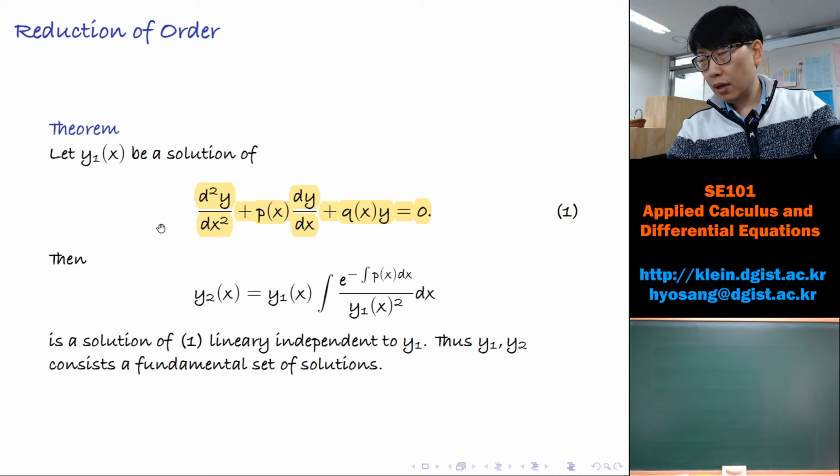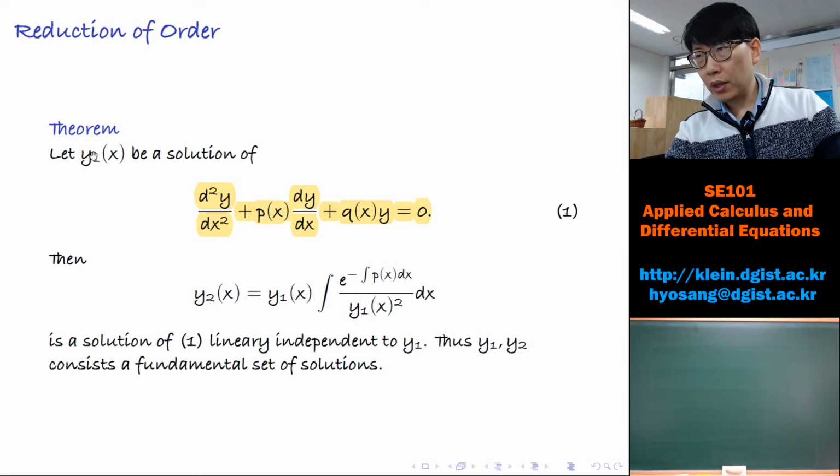If you are given a differential equation with a coefficient on y double prime that is not 1, then you have to divide both sides so that the highest order derivative always has coefficient 1. So p of x and q of x are given when the coefficient of y double prime is 1.